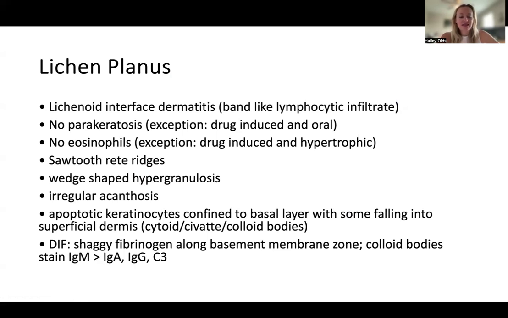If you did a DIF, you would see shaggy fibrinogen along the basement membrane, and the colloid bodies stain with IgM mainly, but also IgA, IgG, and C3. Most of those apoptotic keratinocytes are in the basal cell layer, but some fall down into the superficial dermis.